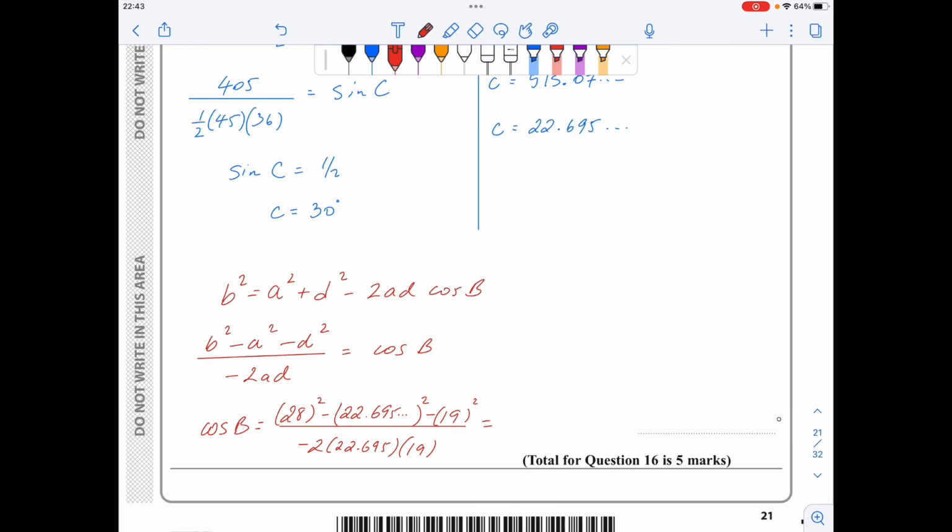This will give me 0.1067 and so on. So angle B is equal to the inverse cos of this number, which comes out to be 83.9 degrees to 1 decimal place.